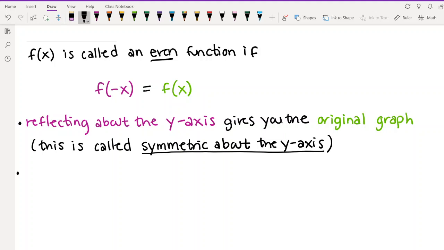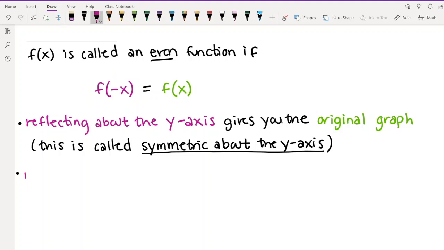There's another way that we can think about this definition of an even function. What's another way of interpreting what f of negative x means? Well, you could imagine that x represents some number, maybe x is 1 or 2 or 3. And so f of negative x would mean that instead of plugging in your original number, you're plugging in the negative of that number.